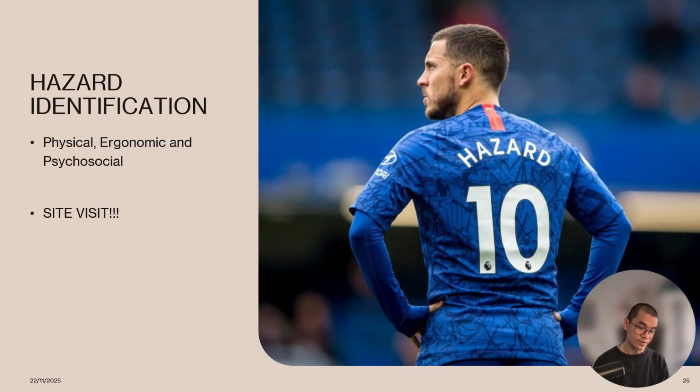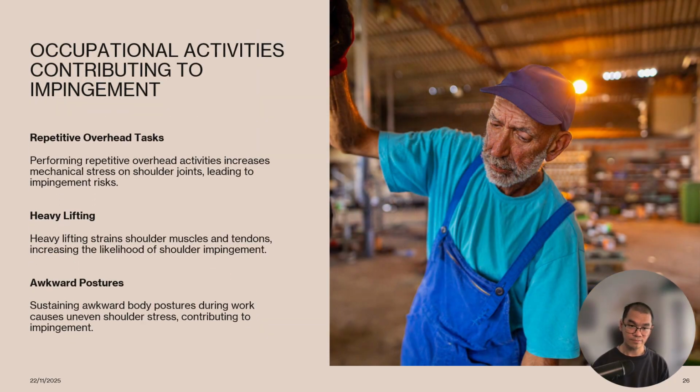After that, we also need to answer about hazard identification. With shoulder problems, physical, ergonomic, and psychosocial hazards are the key ones, and we have to do a site visit. Otherwise, how would we know these hazards are there? We also need to review the job dictionary or job analysis. They are usually available, and we should ask for them for all the workers with the injury in the clinic. We need to know which particular work activities, physical and ergonomic, are causing the shoulder problem.